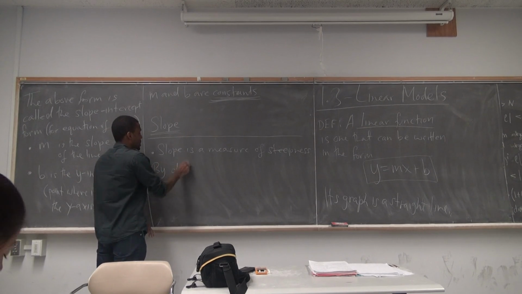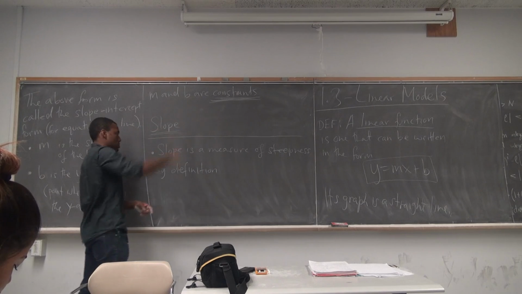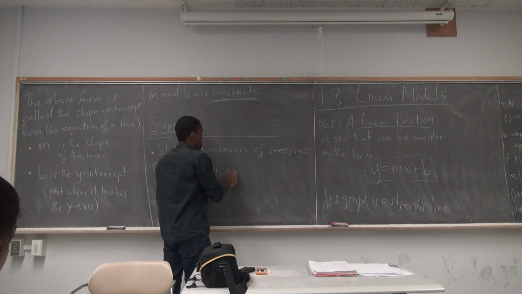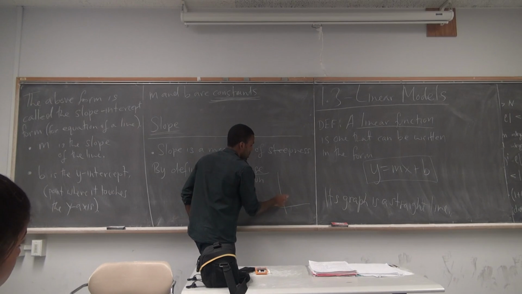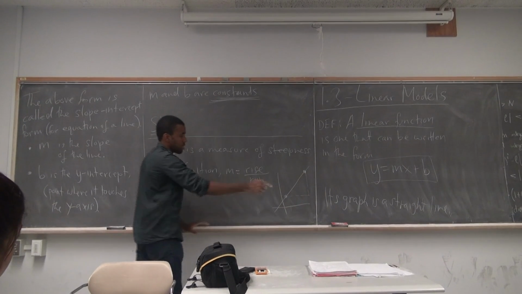By definition, how we measure steepness is describing how far we go up as a ratio of how far we move over. By definition, m equals rise over run. So it's a measure of the steepness of a line, right? So if your line is passing through 2 points, you're going to measure how high up you move after how far you've gone horizontally.